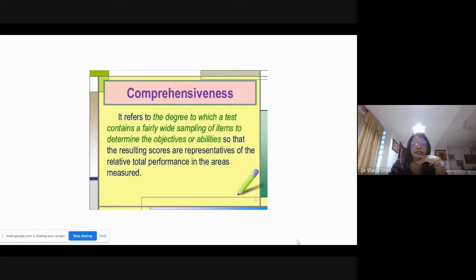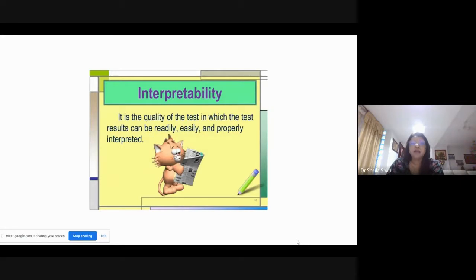And then another thing is comprehensiveness. It is the degree to which a test contains fairly wide sampling. Your sampling should be widely spread because it represents the whole population. Interpretability, can you interpret whatever quality of the test in which the test result can be easily, readily, properly interpreted.